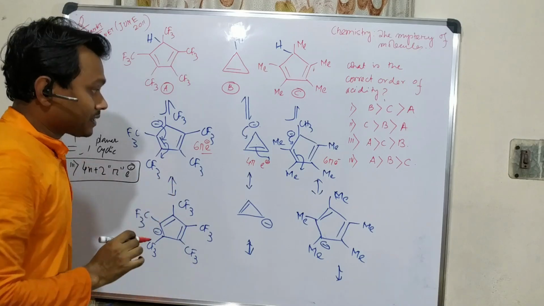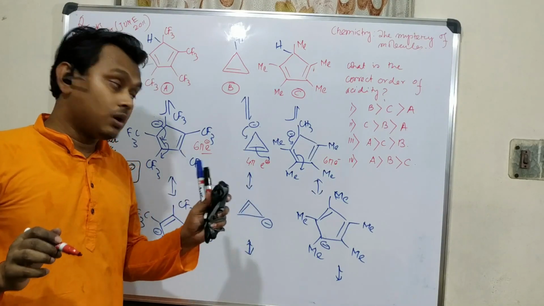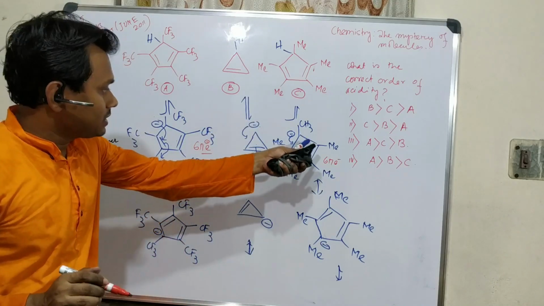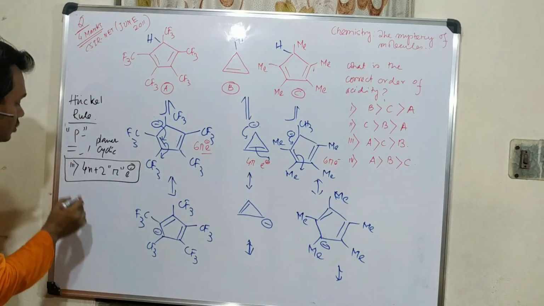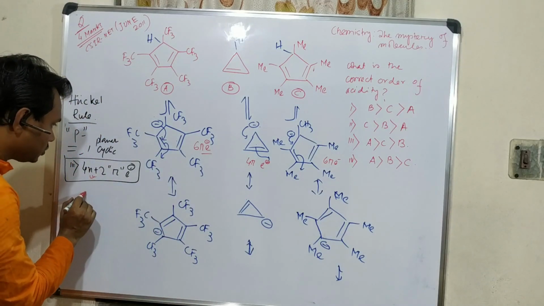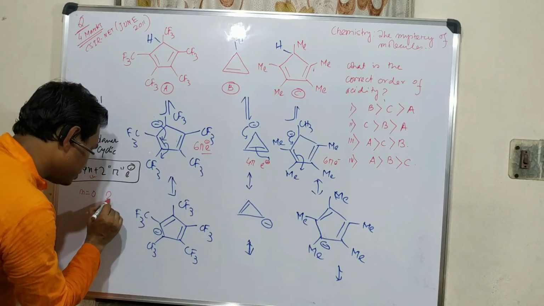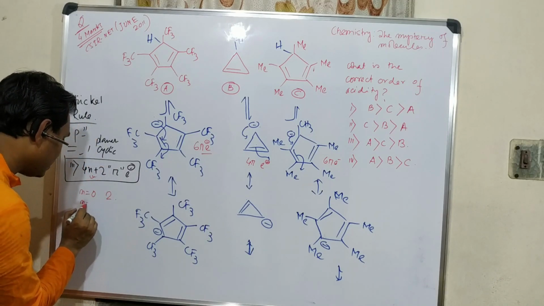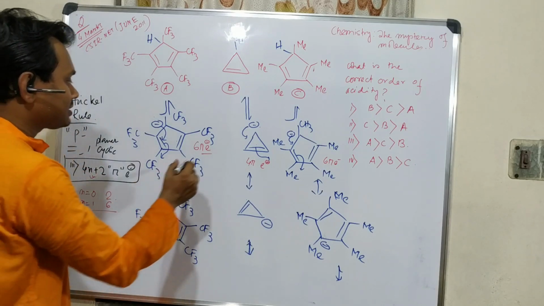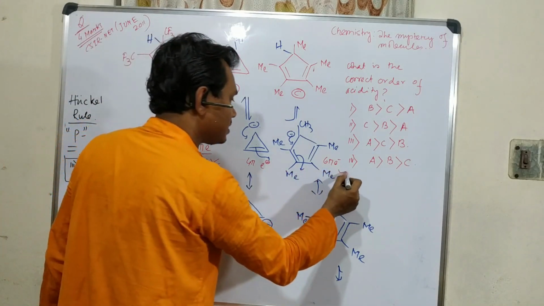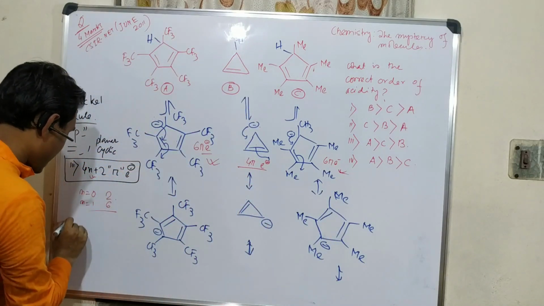Now we have to consider which one is aromatic and which one is anti-aromatic, because everything is conjugated, so non-aromatic is not possible. For aromatic, 4n plus 2: if n equals 0, the value is 2. If n equals 1, the number of pi electrons is 6. For example, this is 6 electrons, this is 6 electrons. This is 4, so let's check whether it is anti-aromatic.